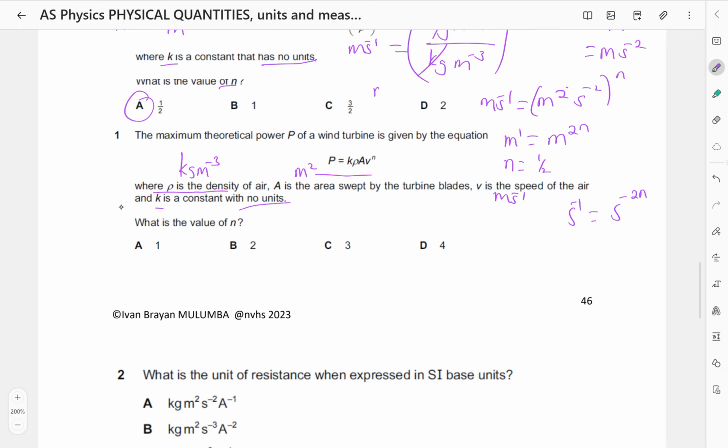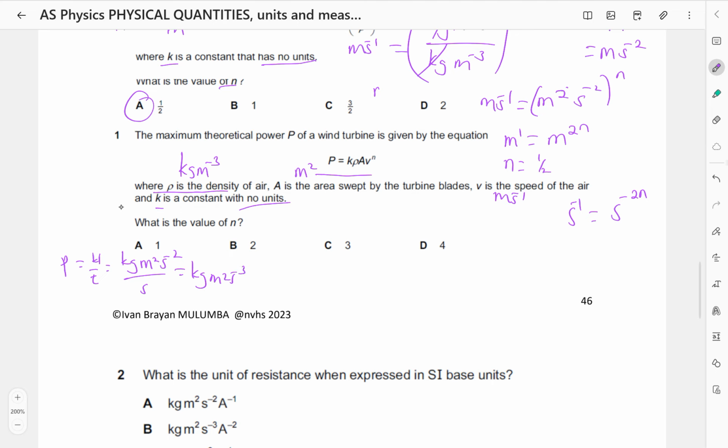So we equate the units. P was power. We know power can be work done over time taken. The units of work done: force, kilogram meters per second squared, times distance, which is meters. So it becomes kilogram meters squared per second squared divided by seconds. So power becomes kilogram meters squared per second power negative 3.